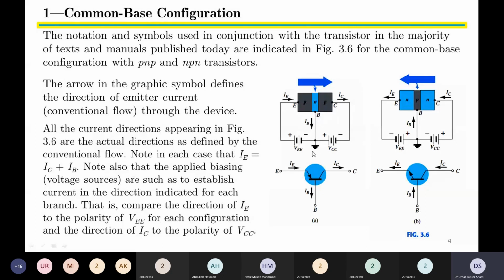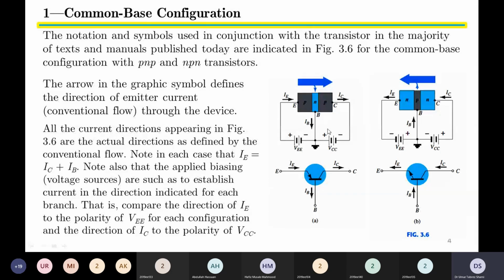Because the base is grounded and the input is connected between the emitter and the base, whereas the output is available between base and collector. It is called a common base because the base terminal is grounded. The base is common between the input and the output.